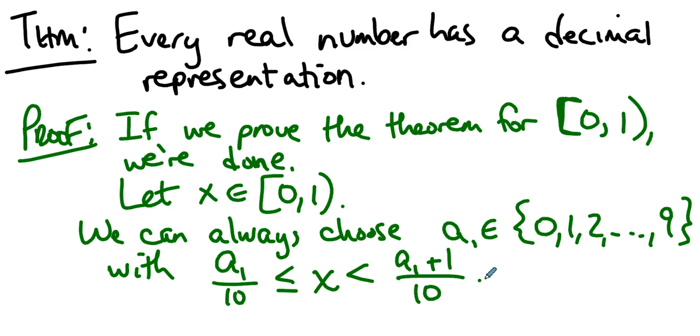In other words, whatever our real number is, it falls between two of the point whatevers: 0.3 and 0.4, 0.8 and 0.9, 0.9 and 1.0. We can always trap the real number between two of those decimals.